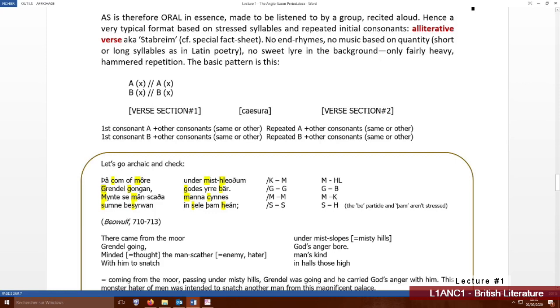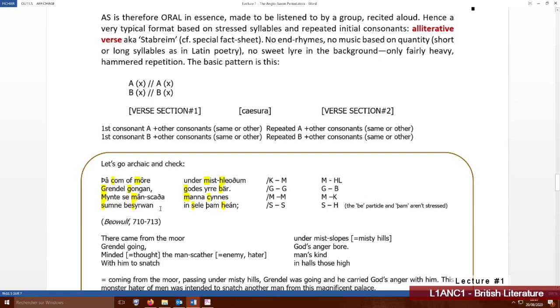You see, Grendel gongan, Godes yrre bær. G, G, G, B. Next one. Mintes manskada manakins. M, M, M, K. Sume beserwan en sele tham hen. S, S, S, H.